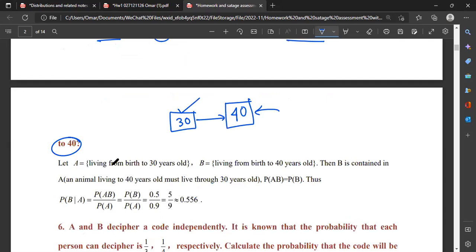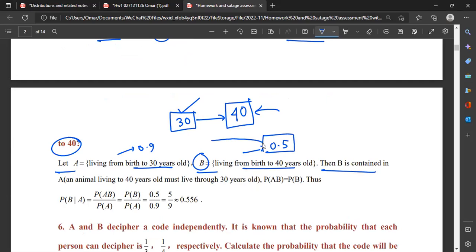So let's denote A as living from birth to 30 years, which is given as 0.9. And B is living from birth to 40 years, which is also given as 0.5. B is contained in A. So 0.5 is already within 0.9, because the total probability is 1.